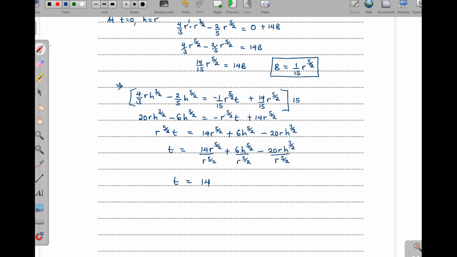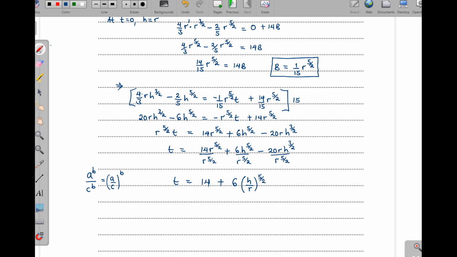Now, in indices, we have a rule that if you have a power b out of c power b, this is the same as saying a over c, then power b. So this h here has the same power as the r down. That means I can leave the 6 out there, then I will have h out of r, and these two have this power.